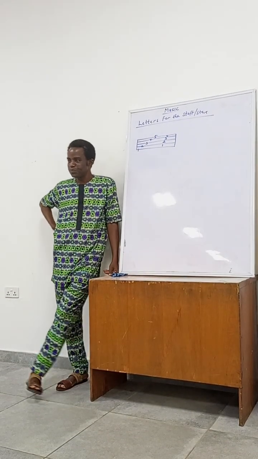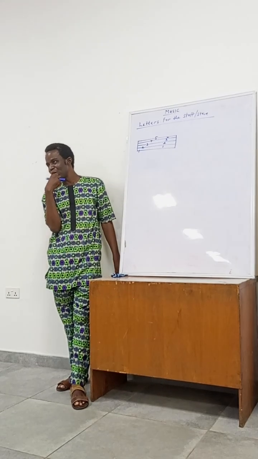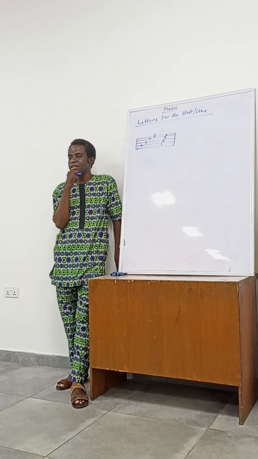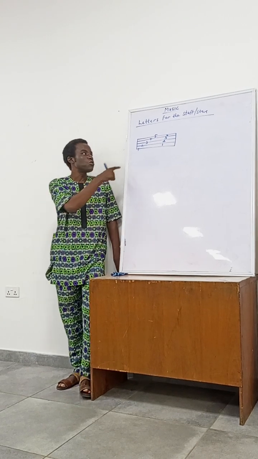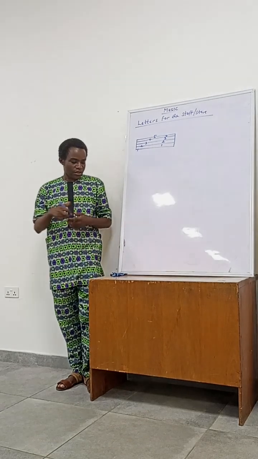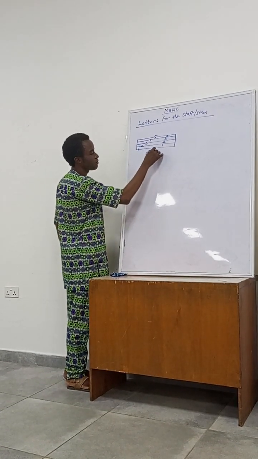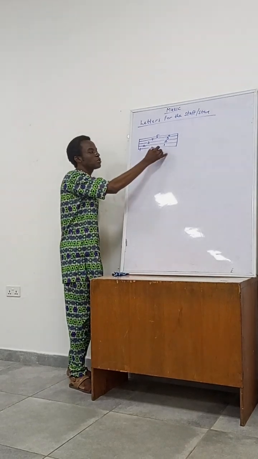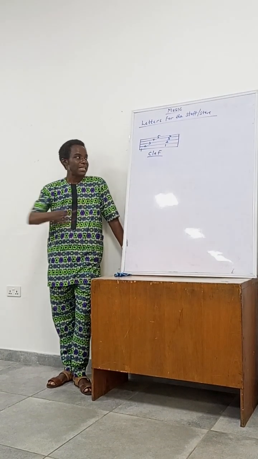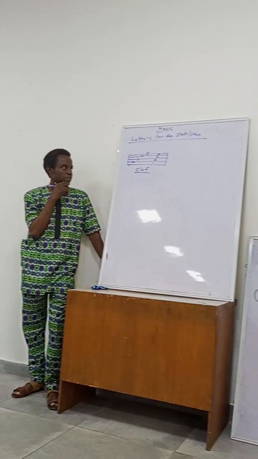Ladies and gentlemen, we cannot get the letters from these lines and spaces without looking at what we call clef in music. Because of this reason, we have to check the topic called clef. This will give us the knowledge of the letter that will be on the line or space.